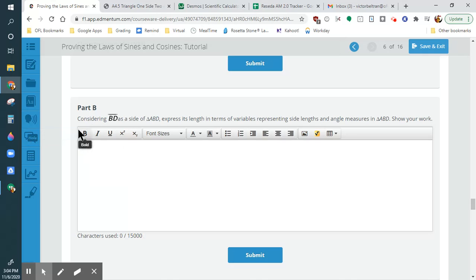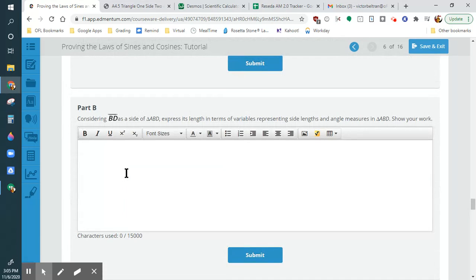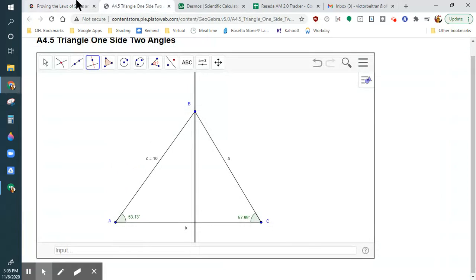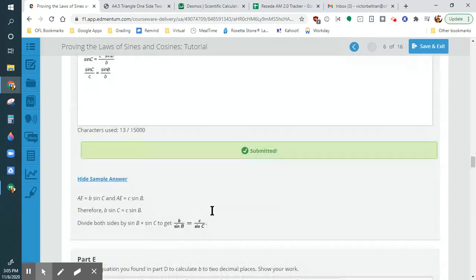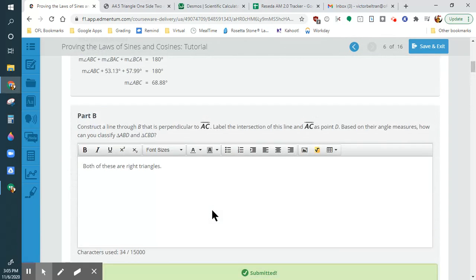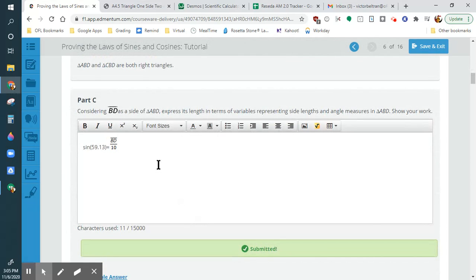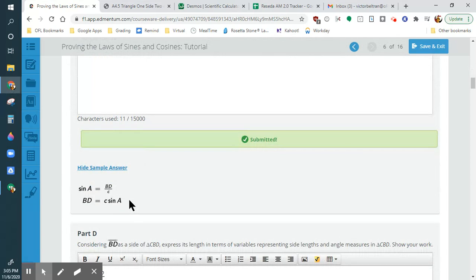Let's see here. Considering BD as a side length of this triangle. Oh, I see what they're doing. We already did this. Oh my gosh, we already did this way back over here. Considering that we want to use the variable, it's this idea right here. So I'm just going to write it as such.